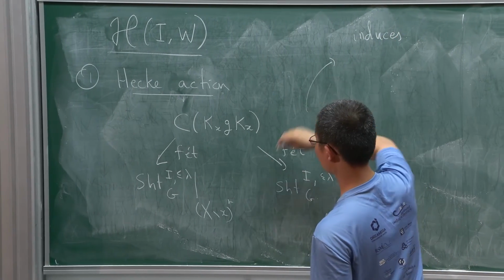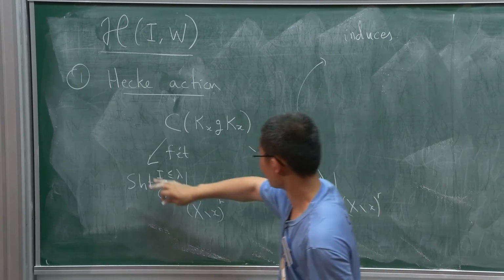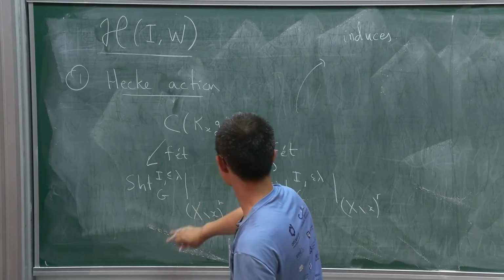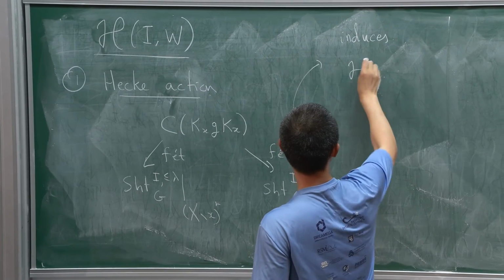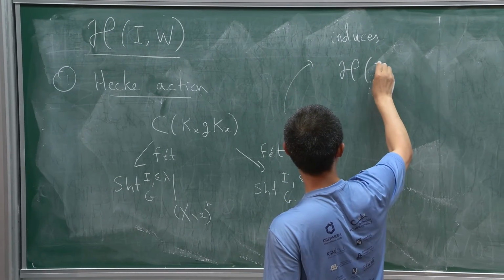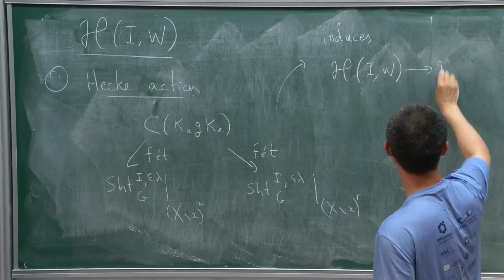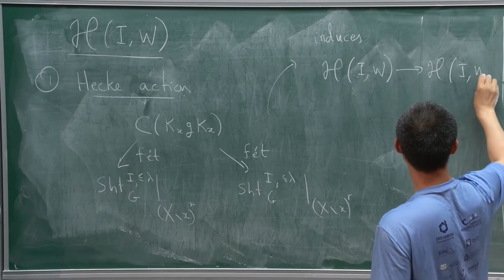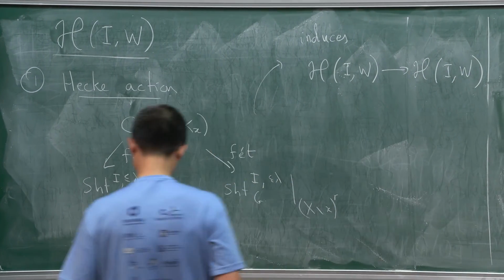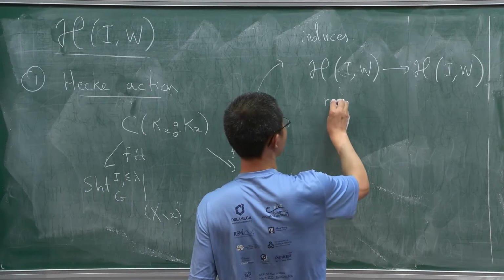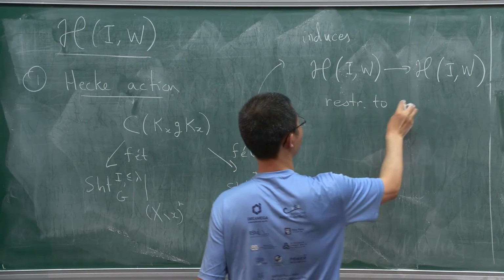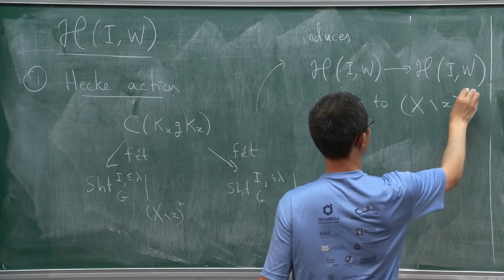In this case, such a diagram induces a map from the direct image complexes of these stacks. So it induces an endomorphism of this complex, both restricted to x, removing little x.